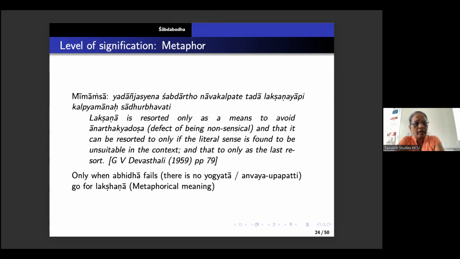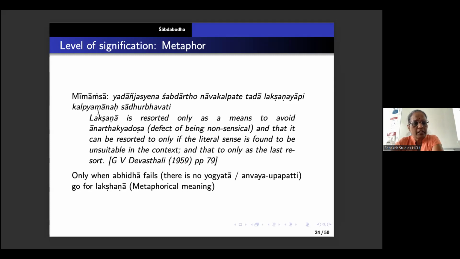There is one nyaya, where the Mimamsakas are discussing different kinds of meanings, whether the metaphoric meaning can be accepted or not. And the sentence is, I'm just giving the translation of this Sanskrit sentence: Lakshana is resorted to only as a means to avoid anarthakya dosha, that is, the defect of being nonsensical.